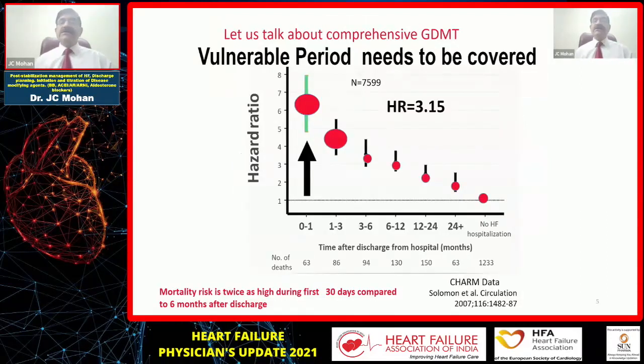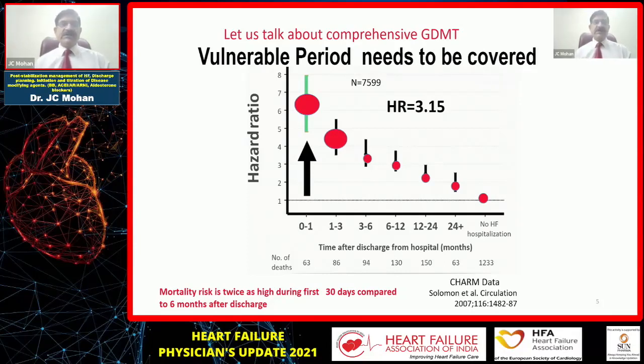And in the vulnerable period, the first few weeks or few months after discharge, we need to start comprehensive guideline-directed disease-modifying therapy as quickly as possible, as comprehensive as possible, including all the agents which can change the prognosis of these patients.